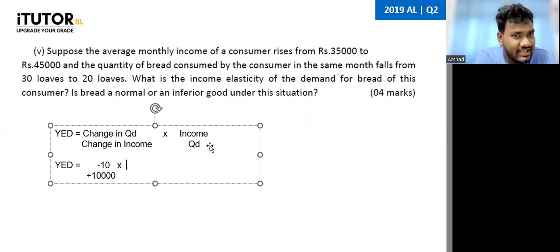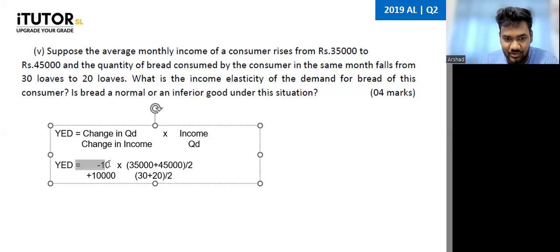In a situation like this, you can take the average income. So what is the average income? 35,000 plus 45,000 divided by 2. In other words, it is 40,000, no? So what is the average quantity demanded? 30 plus 20 divided by 2. In other words, that is 25.